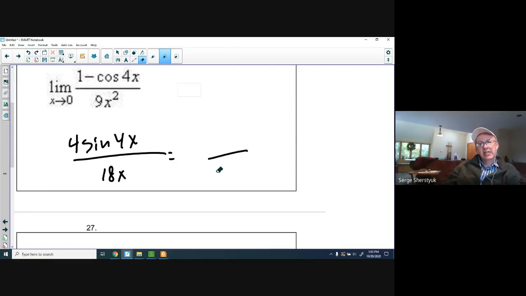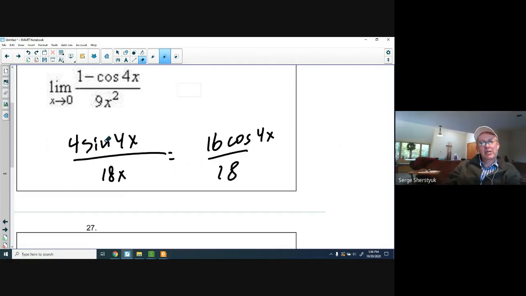So this is 18, and this is going to be cosine 4x times 16.